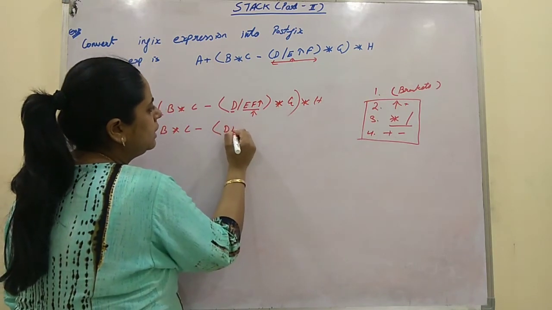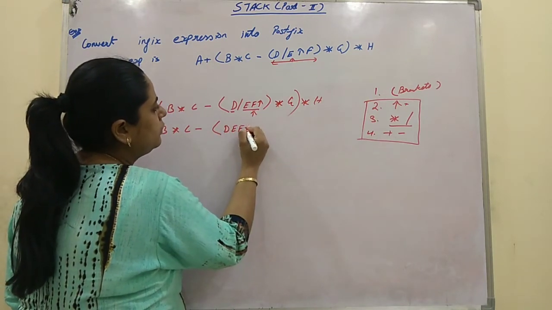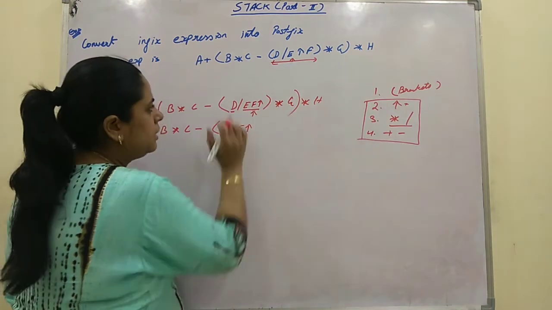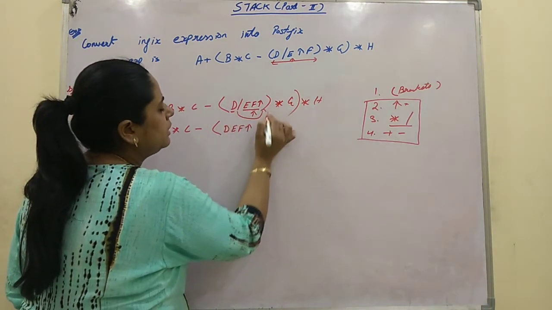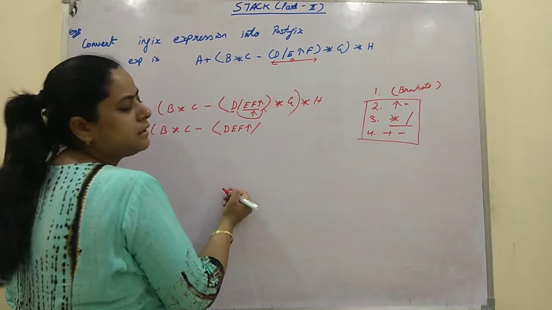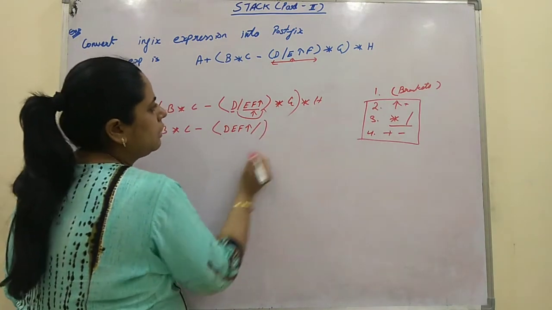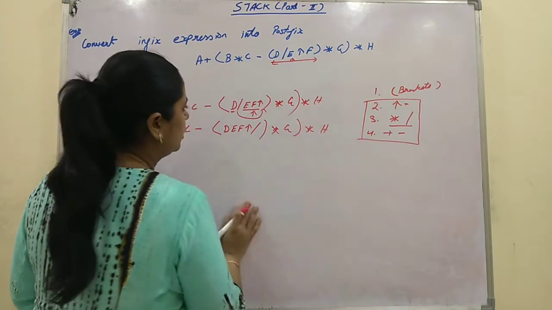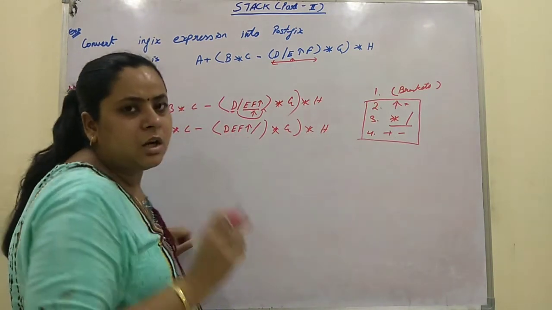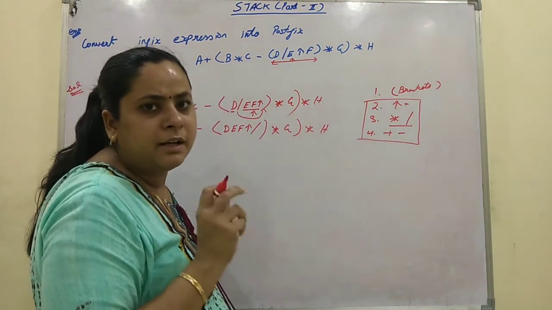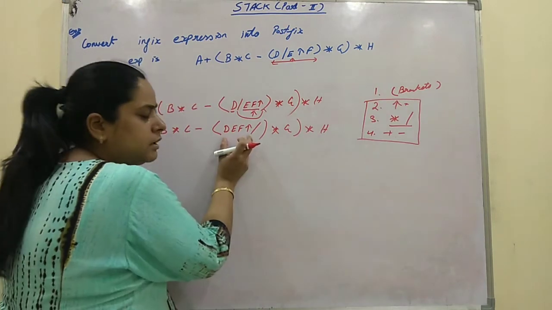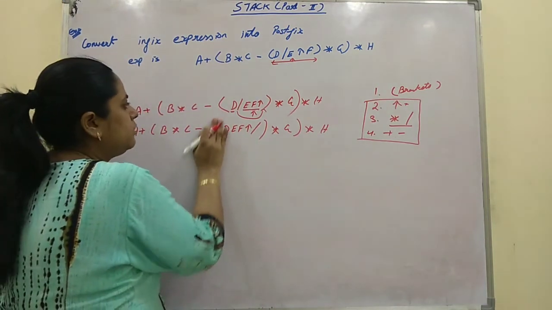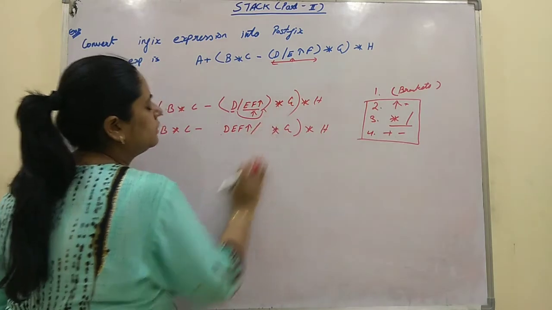So D, E, F, exponent. Now where will it come? It will come after this. Here it will come. Asterisk G asterisk H. Now is any other operator or operand left? No. We covered it. That means we will remove this bracket.